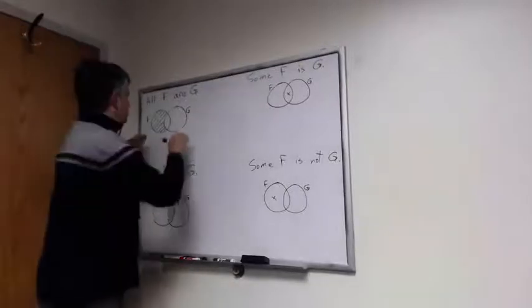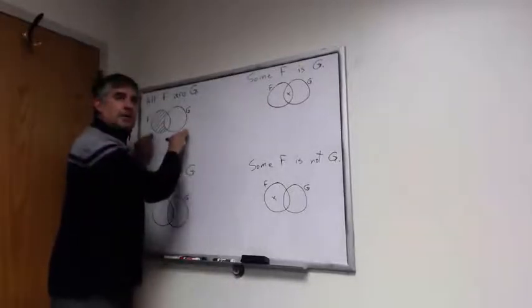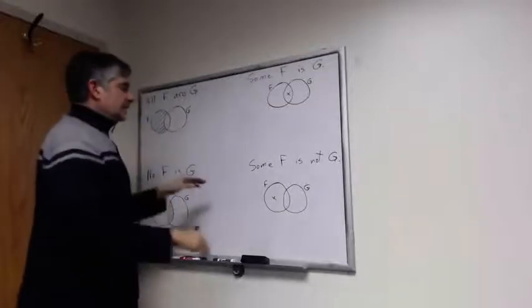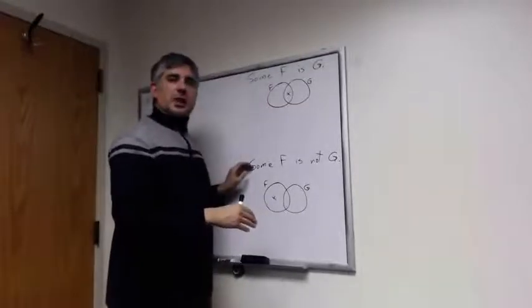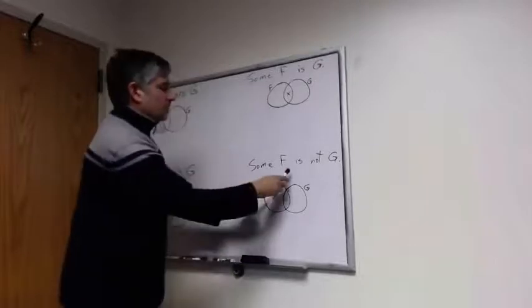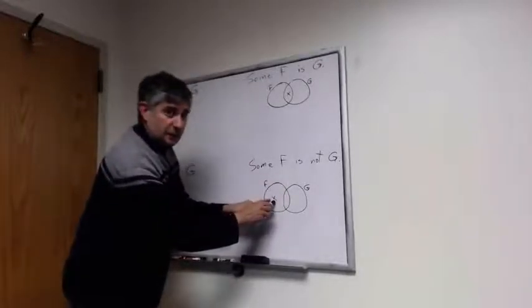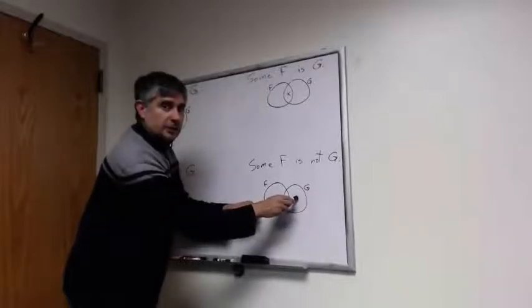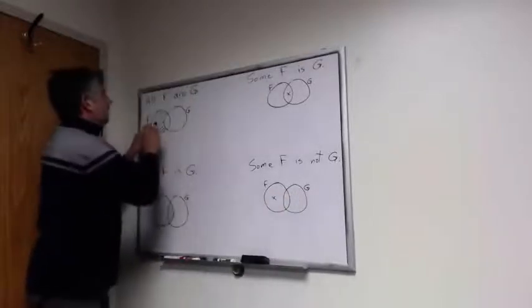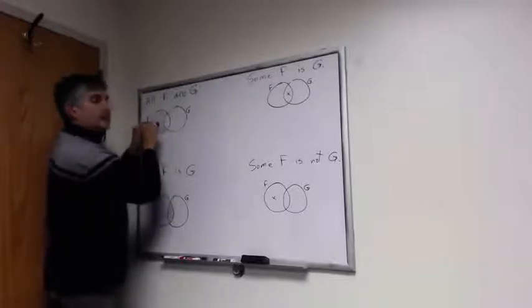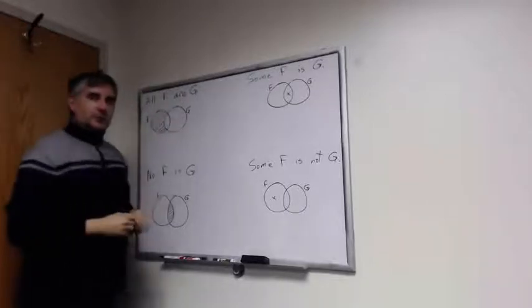Now, with this Venn diagram, you can easily see that all F are G is the negation of some F is not G. The Venn diagram for some F is not G shows you that there's a thing in the F circle that's outside the G circle, and the Venn diagram for all F are G shows you that there's nothing in the F circle that's outside the G circle.